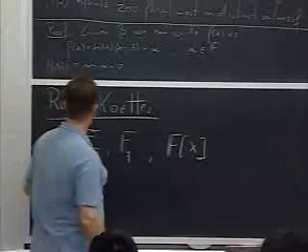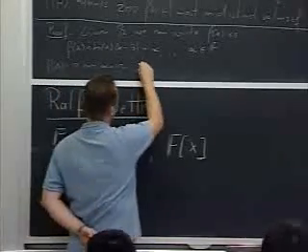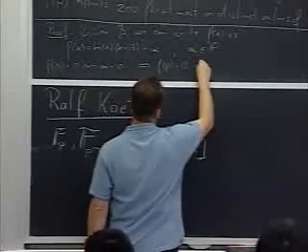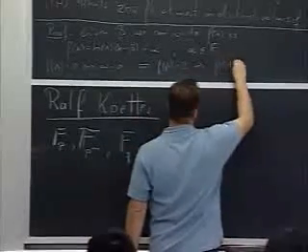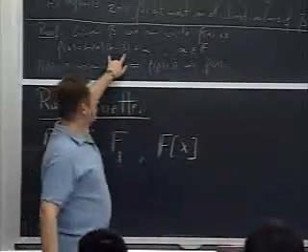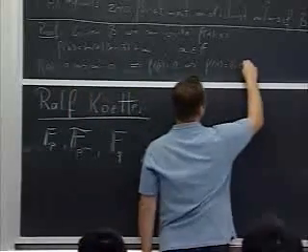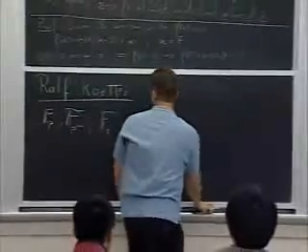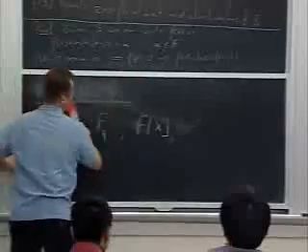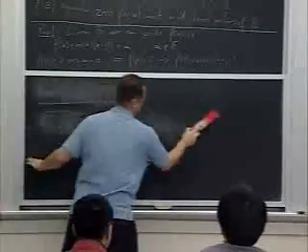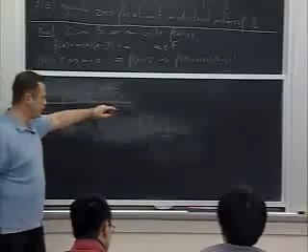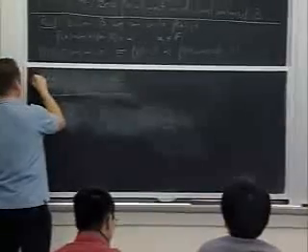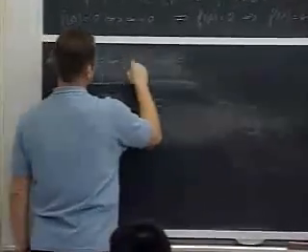So if beta is a root of the polynomial, it follows that f of x has x minus beta as a factor, where, because of the degree properties of polynomials, h of x has degree m minus 1.